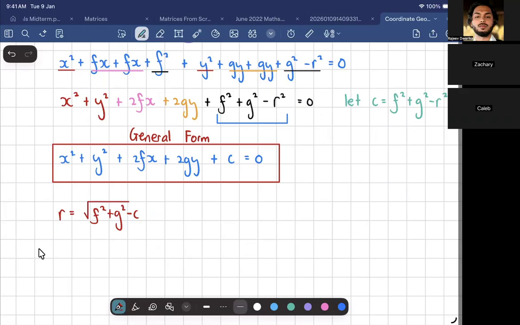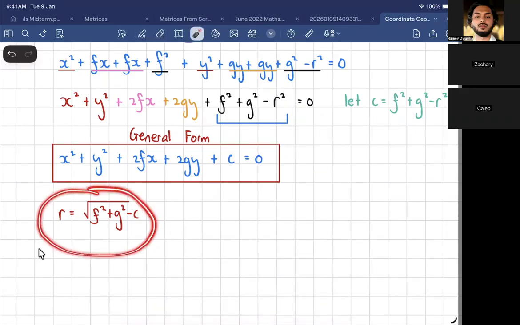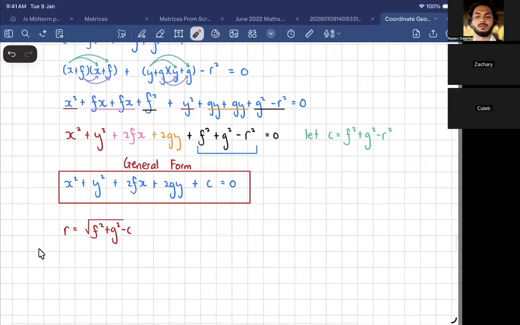Zachary and Caleb, see if you can figure out where this formula came from. It's right in front of your eyes. From the constant. Caleb, you seeing that? Look at that. Let's try to make R the subject of the formula there. Shall we?